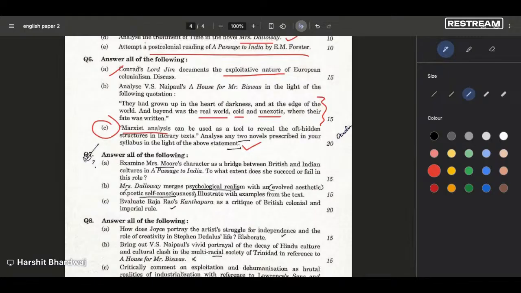There is that class difference. The lower class aspires to be like the higher class. The higher class wants to maintain the status quo, and the lower class wants to go up. There's a strife. That structure is there in every text. So this question is asking you to do that.